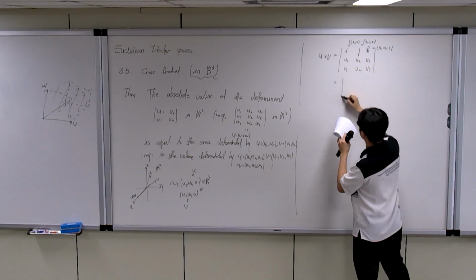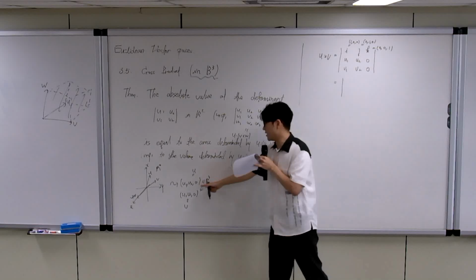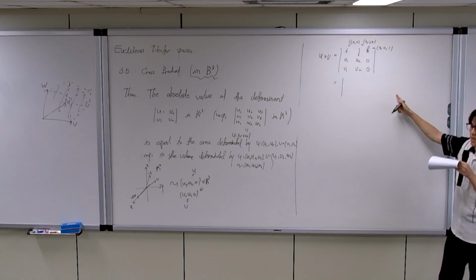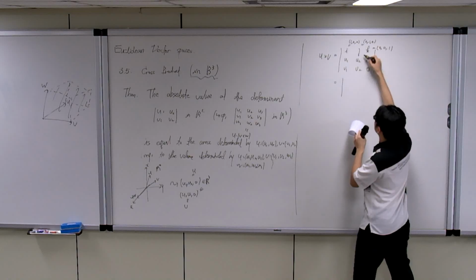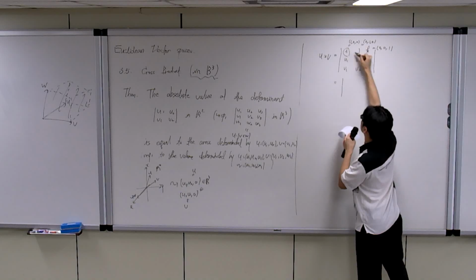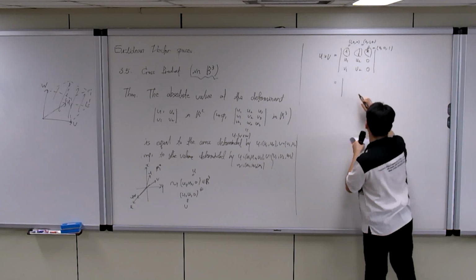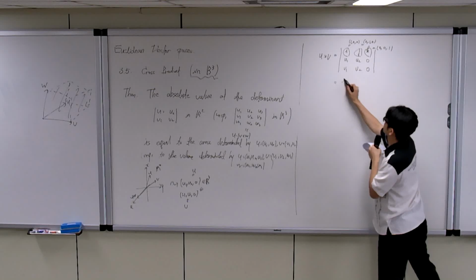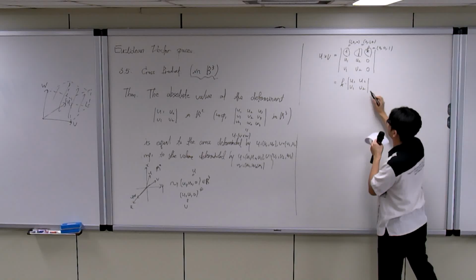Then, it was 0 because our u and v vectors in R2 were u1, u2, 0 in R3 space. So if you calculate the determinant, for these two vectors it will give 0, and then when you choose k, it will give the determinant of u1, u2, v1, v2.